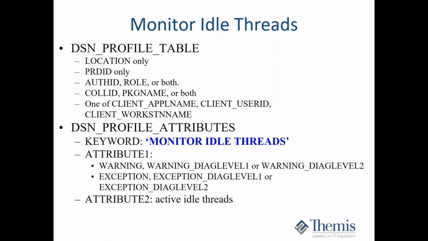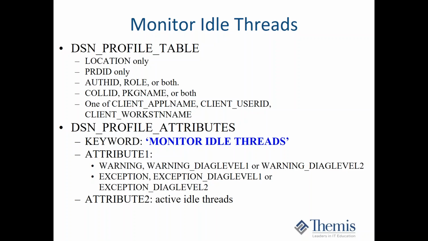So I can monitor the idle threads. Attribute 2 is where you specify the threshold for those active idle threads, and whatever value you put in there will override what the idle thread timeout is in your subsystem ZPARMs.